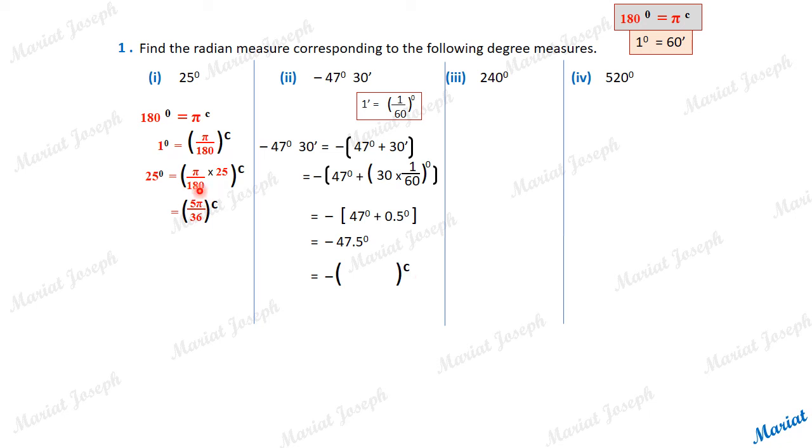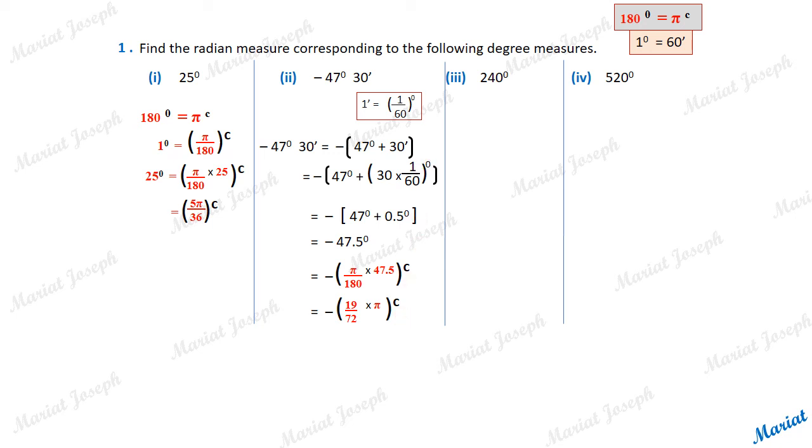To convert into radian measure, this is what the unitary method tells us. 1 degree is pi by 180 radian. So any other degree is pi by 180 into that angle. So 47.5 into pi by 180. This needs to be simplified a little bit. Yes, this is what we are getting. 19 by 72 pi. This many radians.